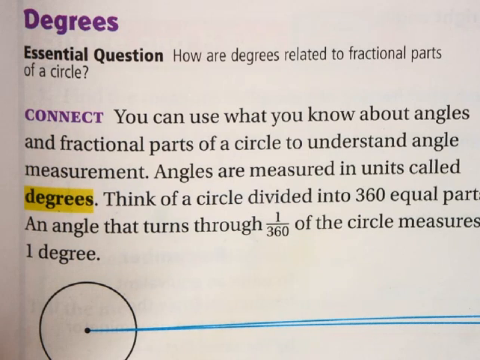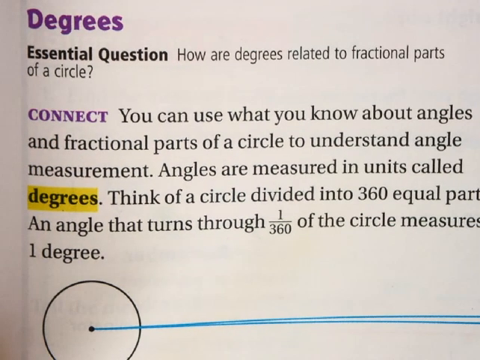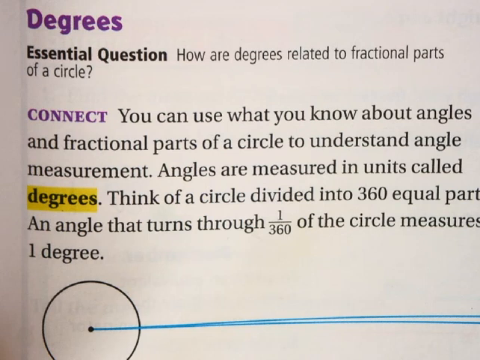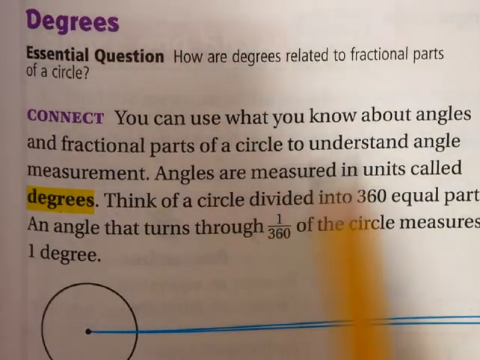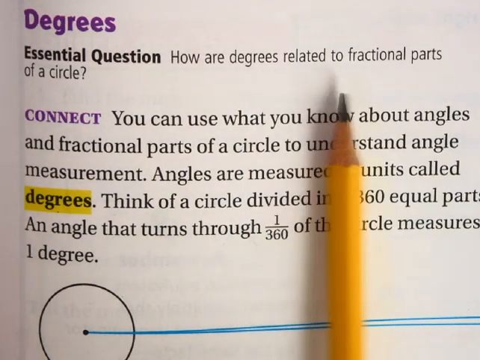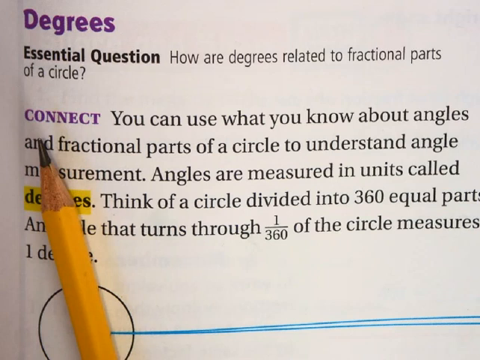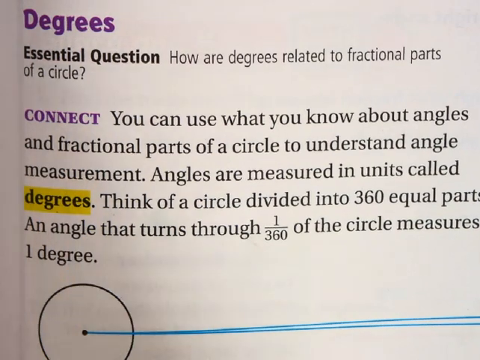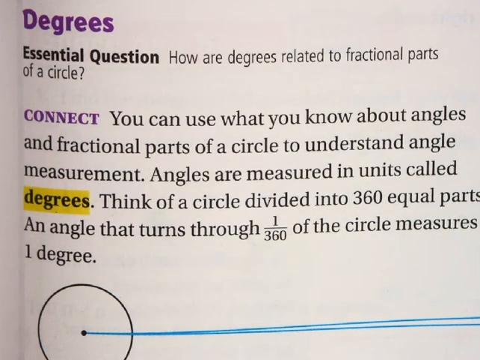We are going to jump right back into the math that we've been studying, and we're going to talk more about degrees. And the essential question we're looking at asks, how are degrees related to fractional parts of a circle? Well, when we're finished with this lesson, we are going to be able to state that we can relate degrees to fractional parts of a circle.